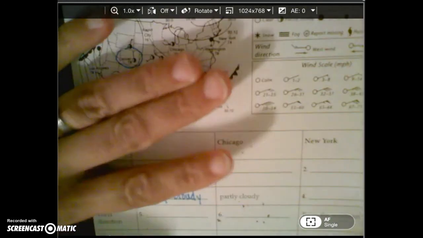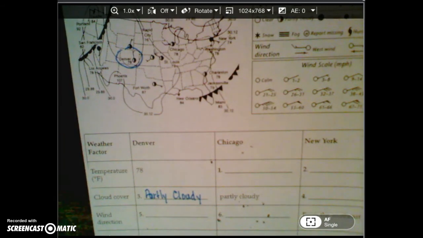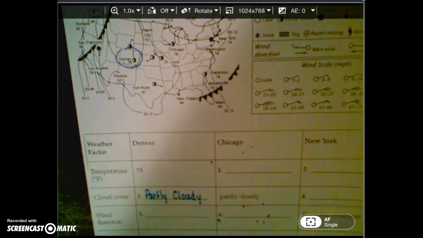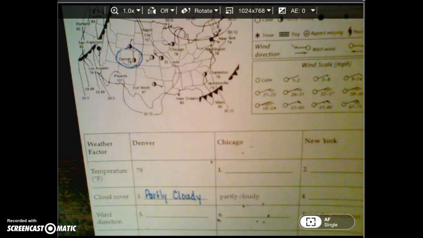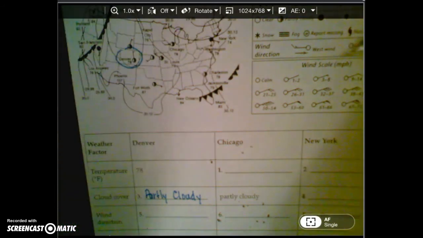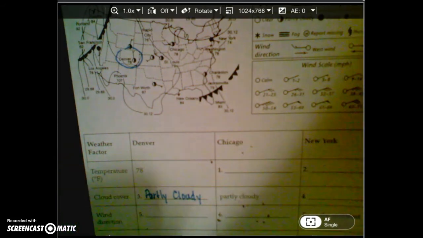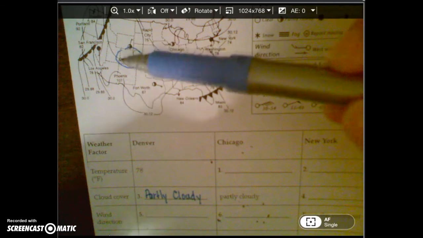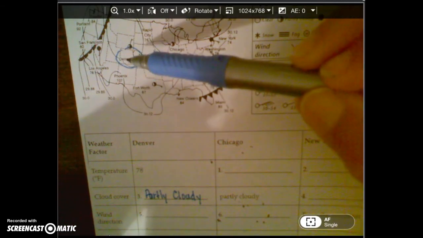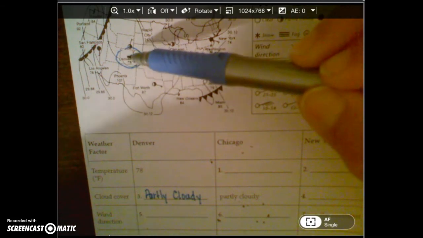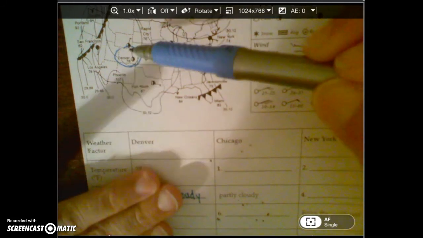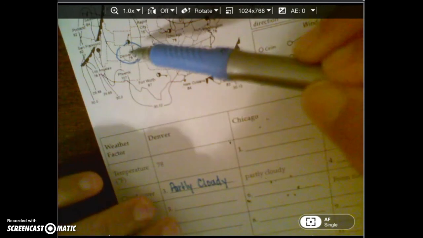All right, the next thing that you see, you can't see it on mine, so let's move it up just a little bit, is wind direction. If you look at our key, we even have a key right here for wind direction. So we have west winds and we have east winds. When we look at Denver, I think we're going to have to turn it a little bit.